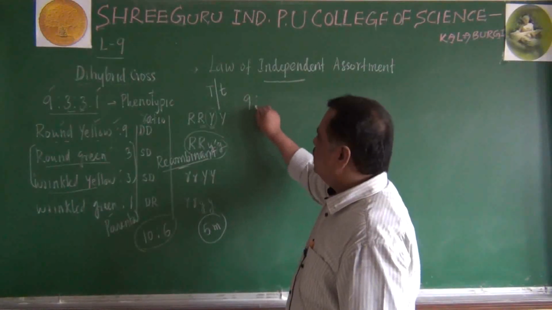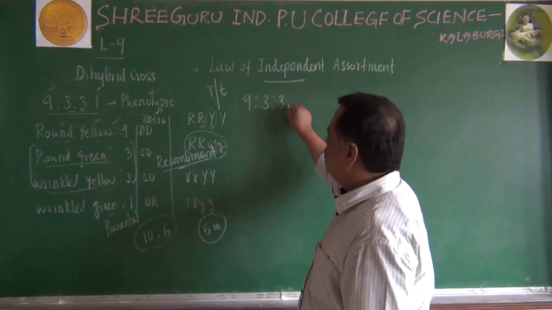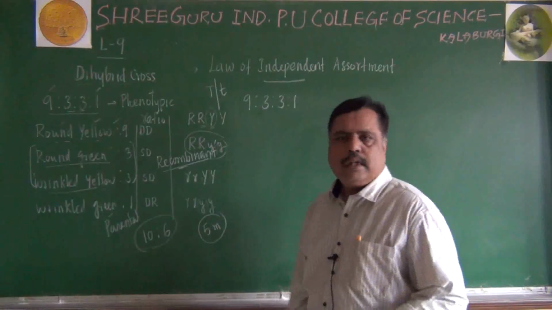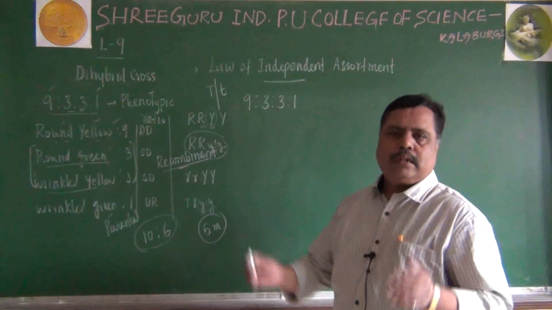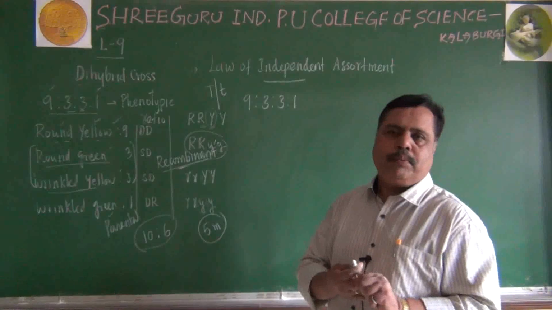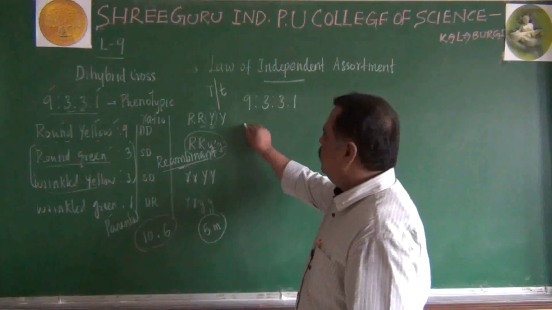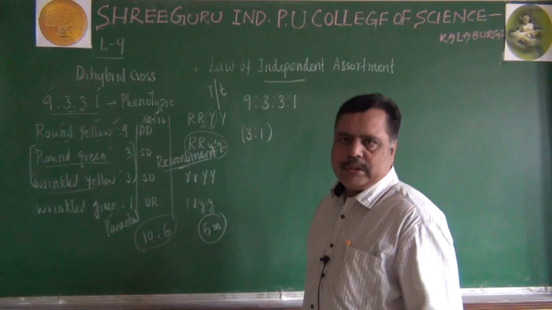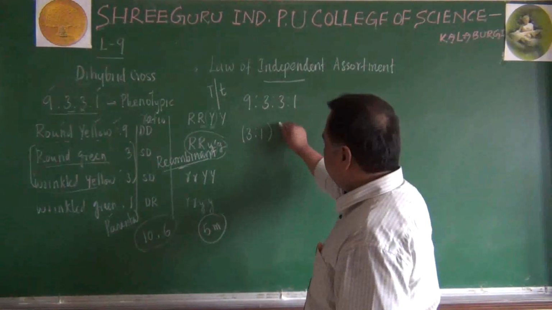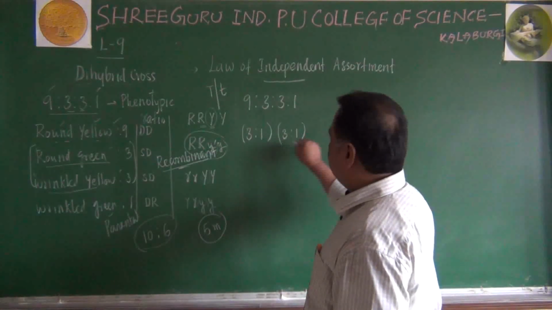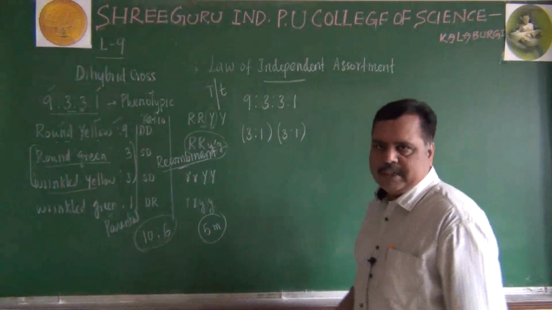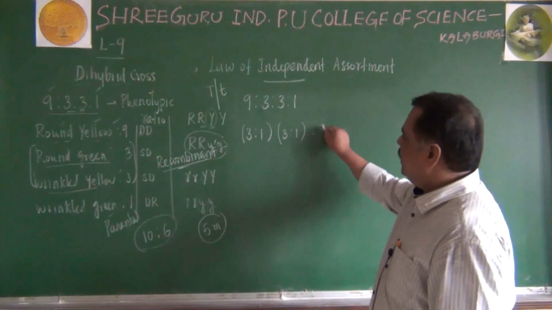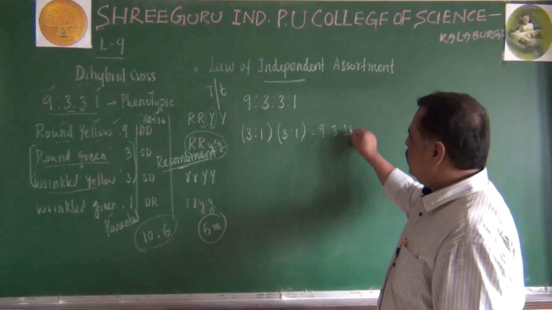Phenotypic ratio is 9:3:3:1. It is nothing but two monohybrid crosses. When you take a monohybrid cross, phenotypic ratio is 3:1. When you multiply 3:1 with 3:1, you will get the same 9:3:3:1.